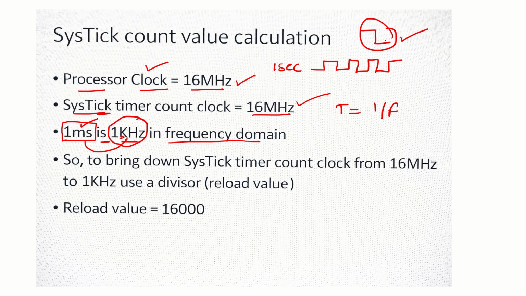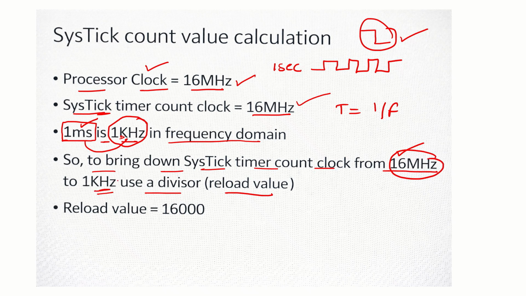Now see how to calculate this. To bring down the SysTick timer count from 16 megahertz to 1 kilohertz, we use a divisor called the reload value. You already know the counting frequency of our SysTick timer is 16 megahertz, because by default the 16 megahertz processor clock is connected to the SysTick. Now you have to bring 16 megahertz down to 1 kilohertz.